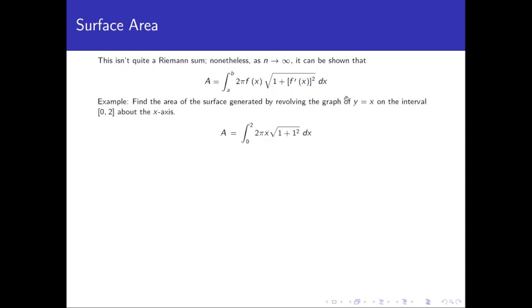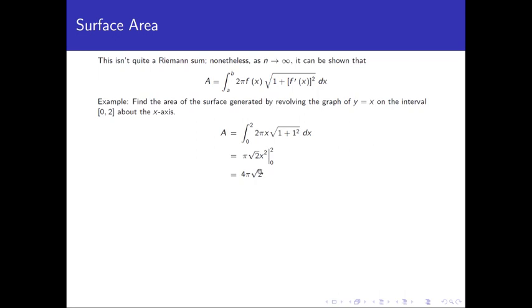Well, just using our formula here, certainly the derivative of f of x is 1, so we'll get the integral from 0 to 2 of 2 pi f of x is x, f prime of x is 1, so we get square root of 1 plus 1 squared. So this is just square root of 2. So the pi and the square root of 2 can come out in front, and then you anti-differentiate 2x, you get x squared, evaluate from 0 to 2, and that gives you 4 pi root 2 for your answer.